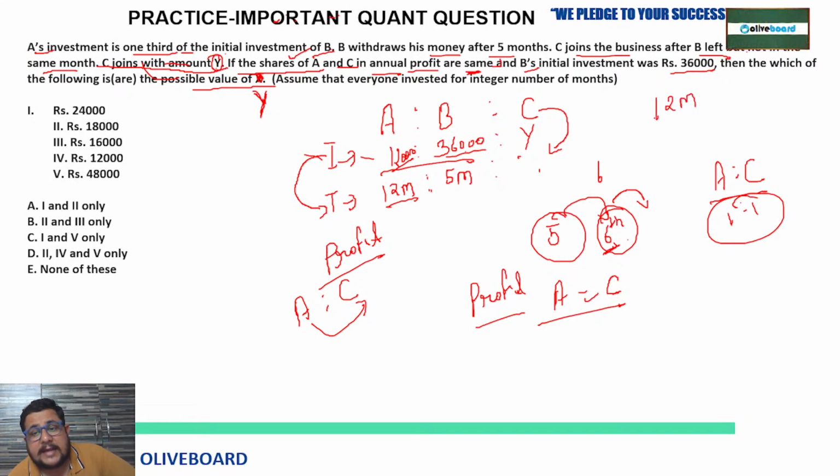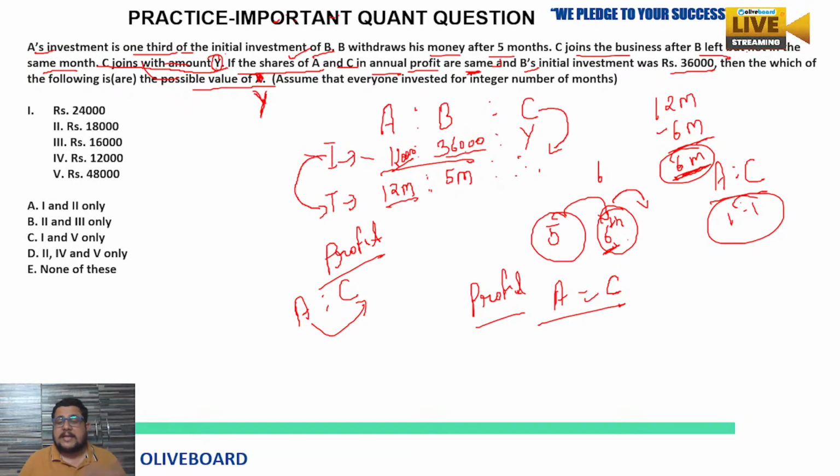This is the maximum time duration for C. It can be less than that also, but maximum 6 months only, not more than that.